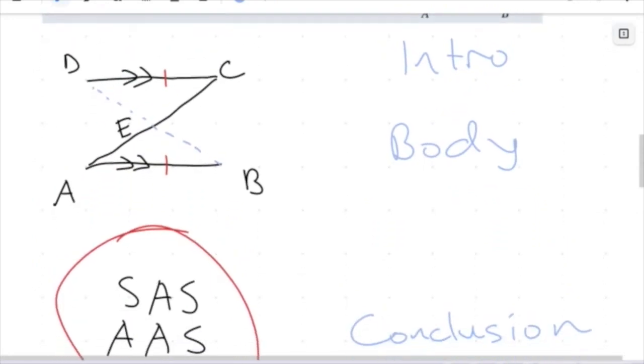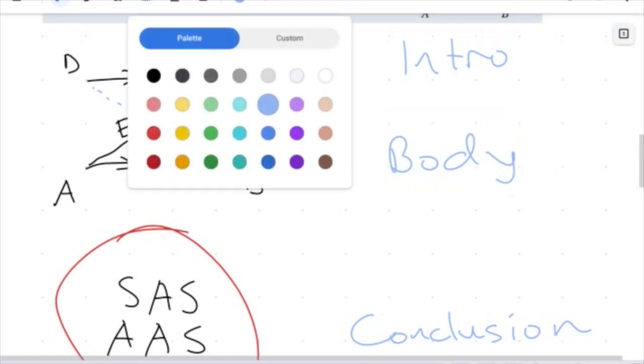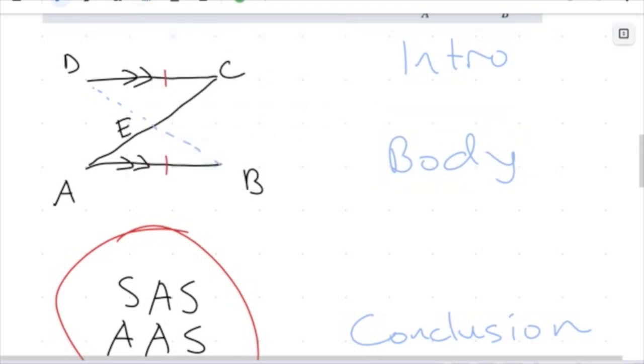That's how we're going to structure this. Now, let's shift this down a tad bit. In the introduction, we just want to introduce the two triangles we are working with. So I want to just introduce my two triangles.